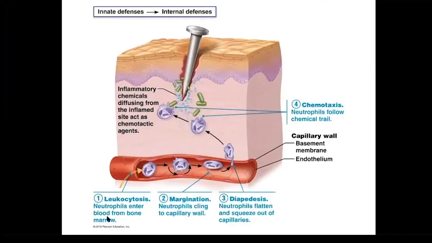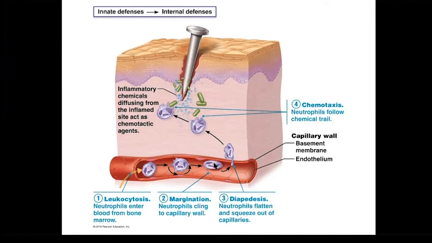For number one here, we've already talked about leukocytosis. Increased leukopoiesis results in increased levels of white blood cells in your blood. Margination, recall, is where the leukocytes bind to the endothelial cells by way of the CAMs, and that's how they know where to stop. So this is what's going on here.